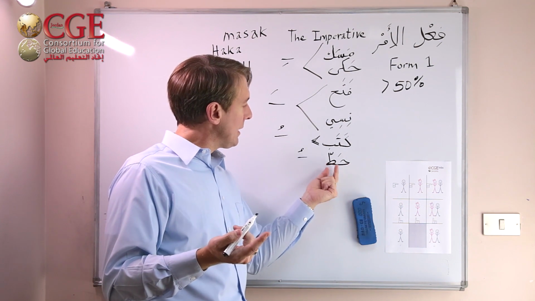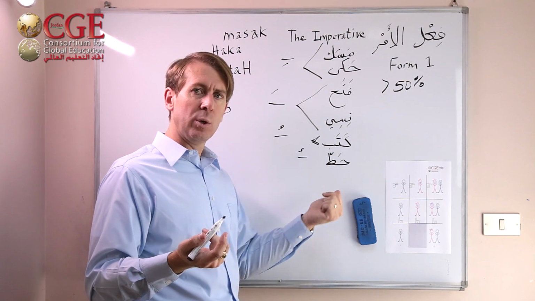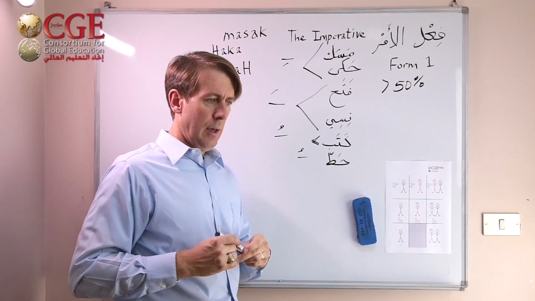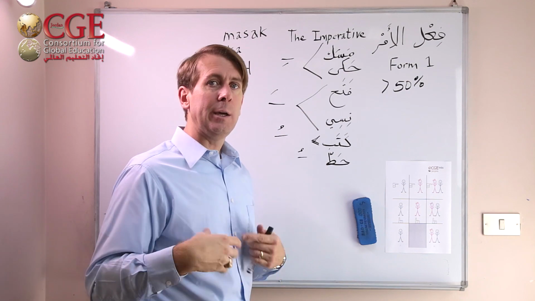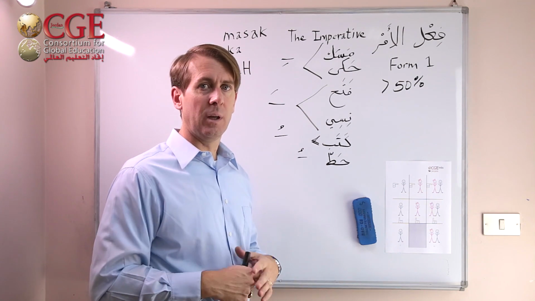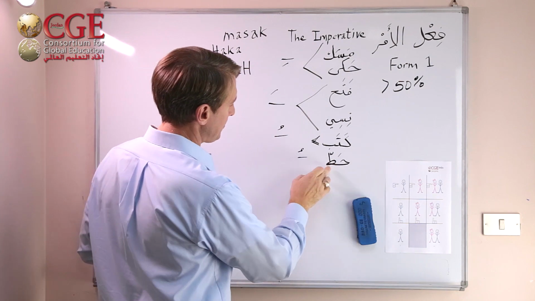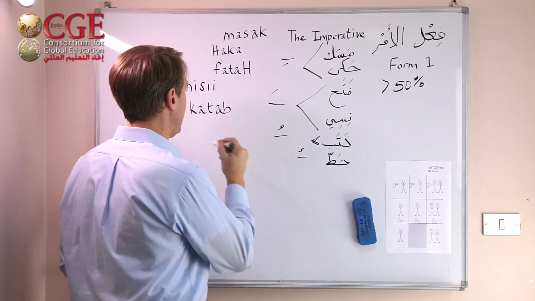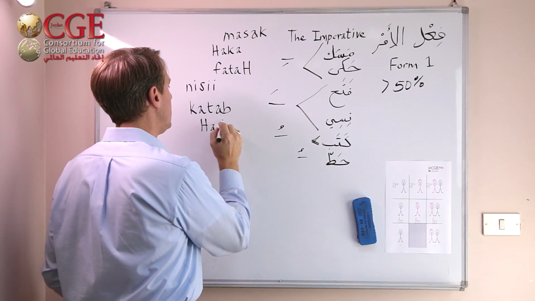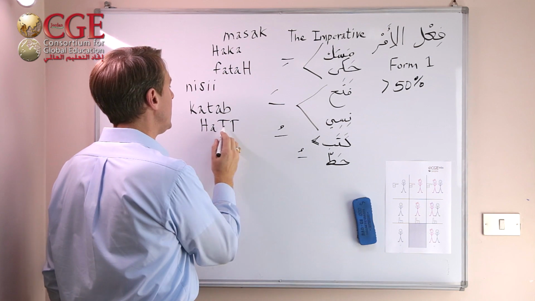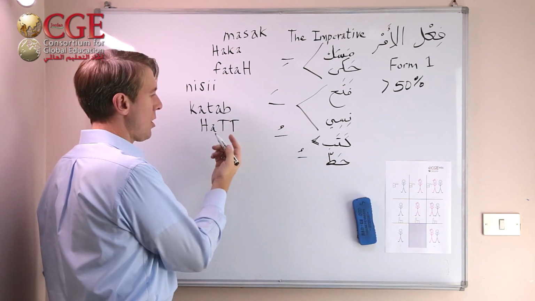But mostly these will take damme, though many will take kasra, like heb, he loved, hib, love. But this one's hat, okay? So it goes like this, hat with a heavy H and heavy ta.